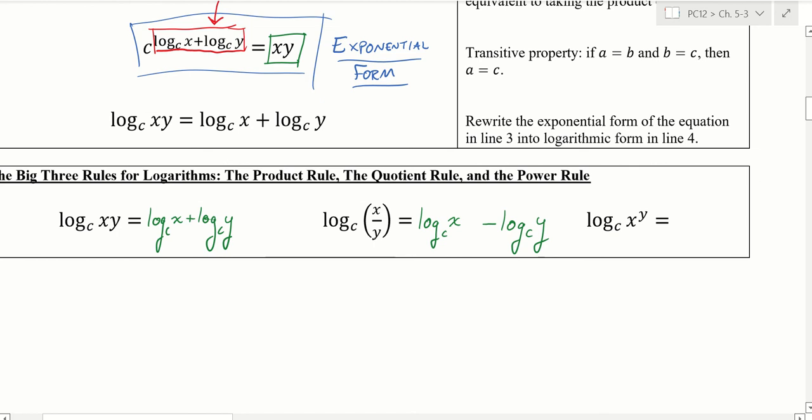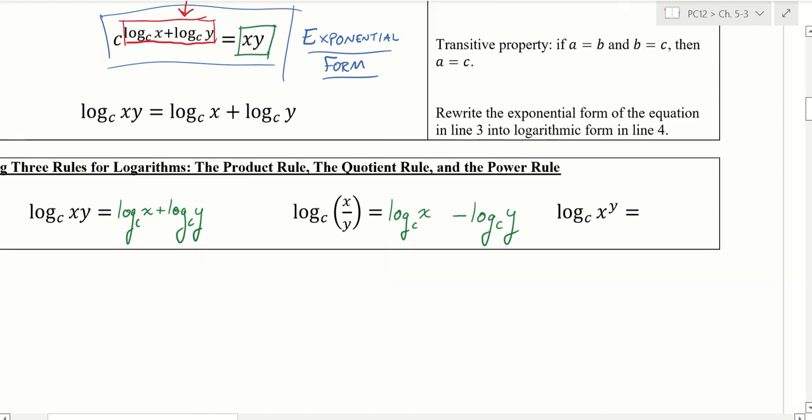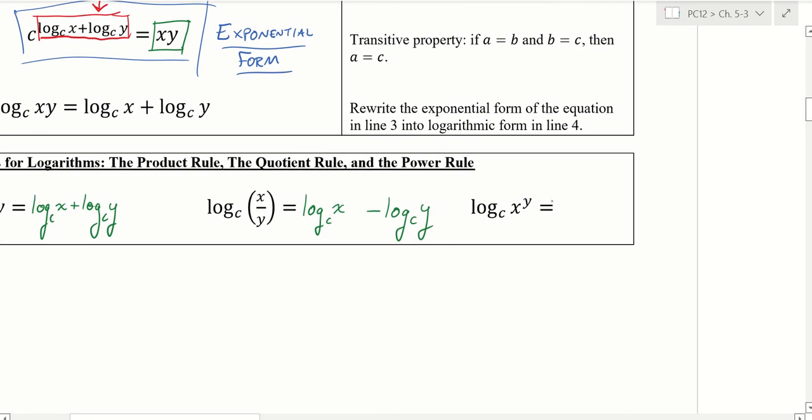If you have the logarithm of a quotient, that's just the difference of the logarithms of the numerator and denominator of that quotient. And the power rule, I'll just write it out and then I'll explain it more later.